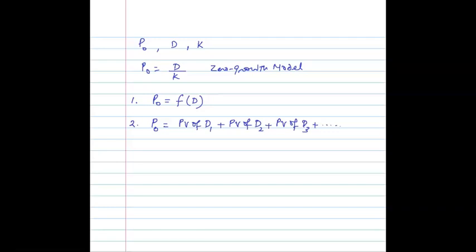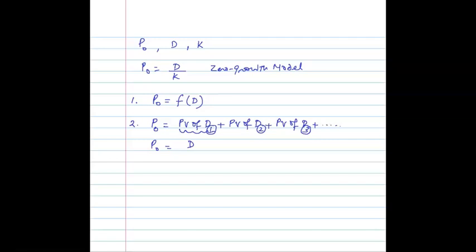If we were to express this idea more formally, we would say that P0 would be equal to, so instead of writing PV of D1 here, we could say D over, because I'm not going to distinguish between D1, D2, and D3. These 1, 2, and 3, these digits simply represent the time period that the dividend is being received in.